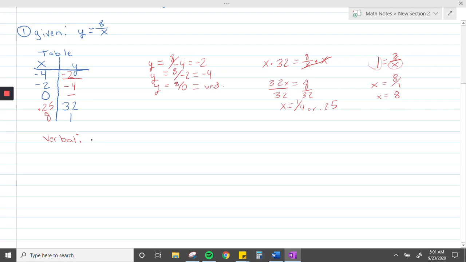Our verbal description might say something similar to, y varies inversely as x with a constant of variation of 8. That's our verbal description.